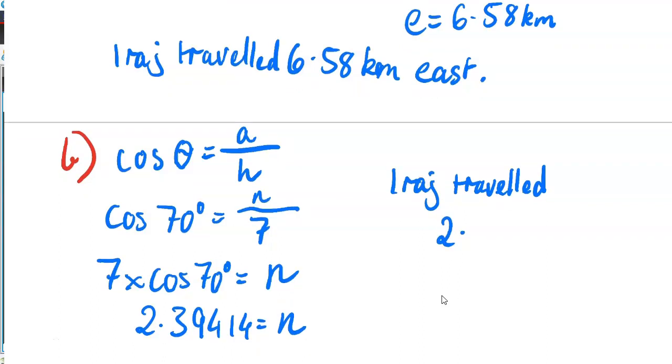Now looking at this, that's 394, so that 4 doesn't round that up, so 2.39 kilometres north.